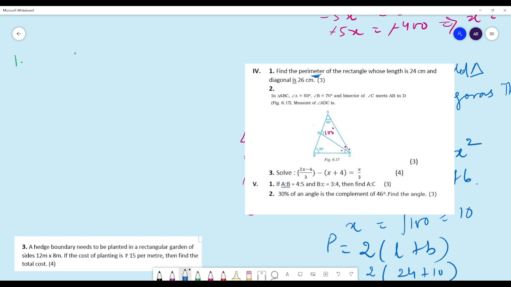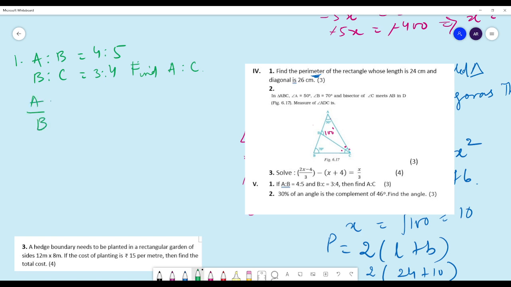If A is to B equals to 4 is to 5, B is to C equals to 3 is to 4, then find A is to C. It's as simple as it gets.